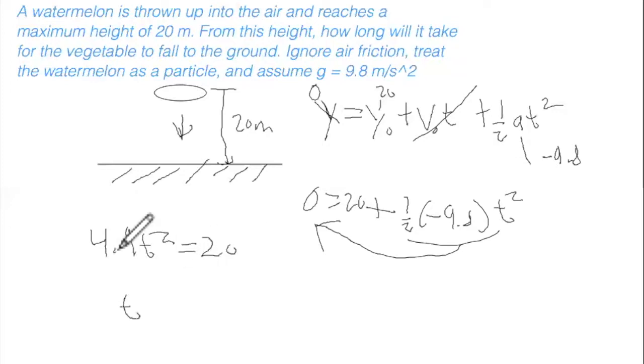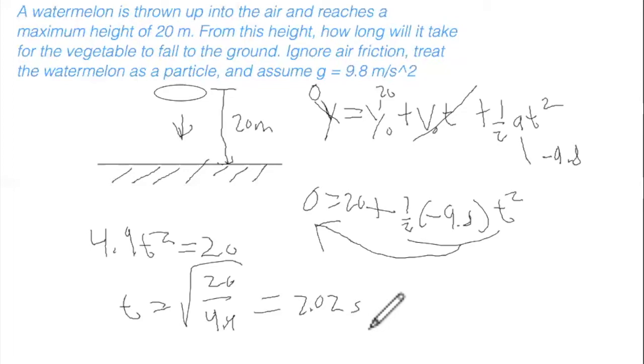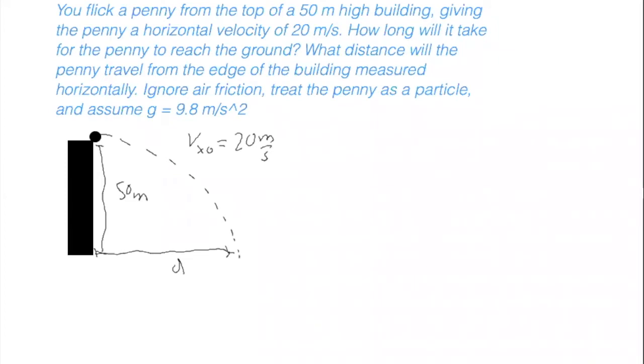So we just divide 20 by 4.9 and square root the term, which is going to give you 2.02 seconds. So it's going to take the watermelon 2.02 seconds to reach the ground from 20 meters above the ground.